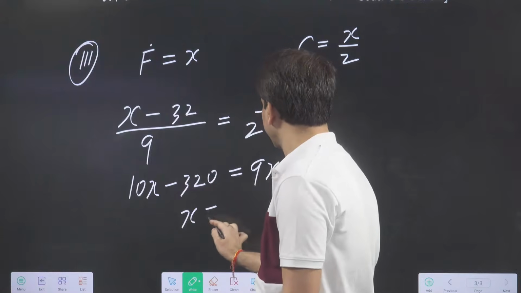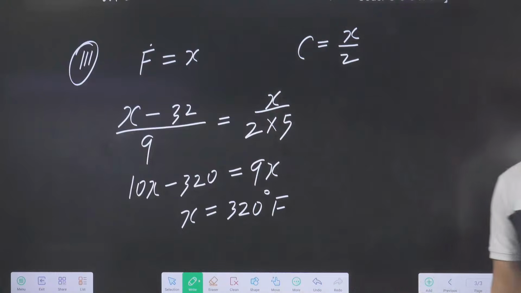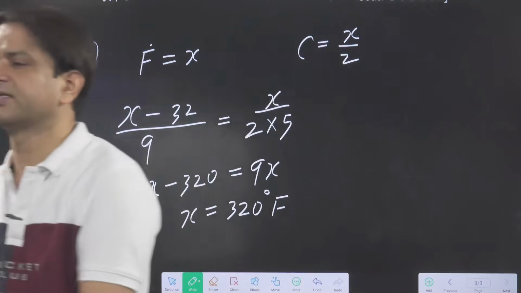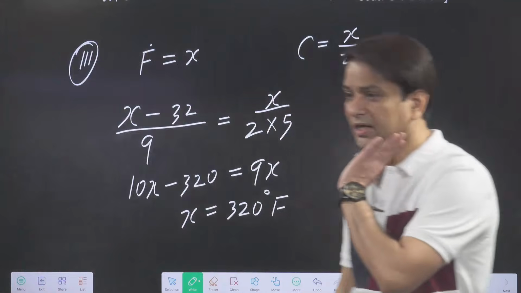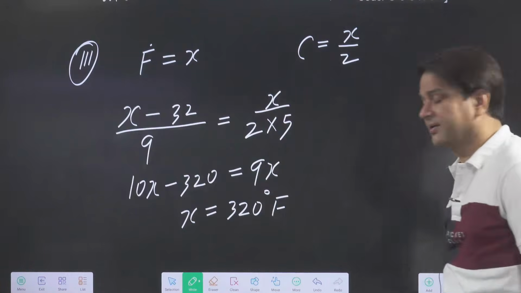Then x we got 320 degree F. What is the temperature? When Fahrenheit will show 320 degree F, then the Celsius will show 160 degree C. Celsius will show 160 degree C. Everybody got the answer? Completed?